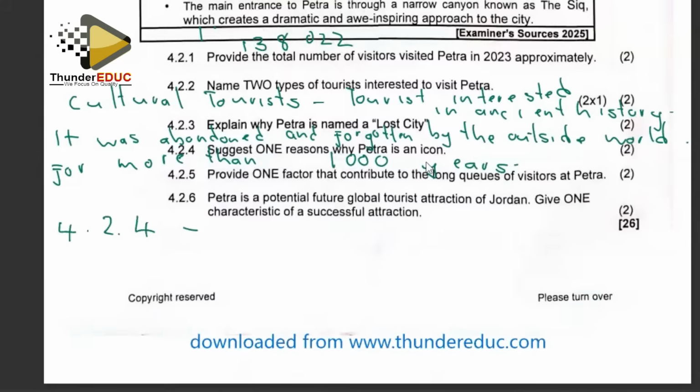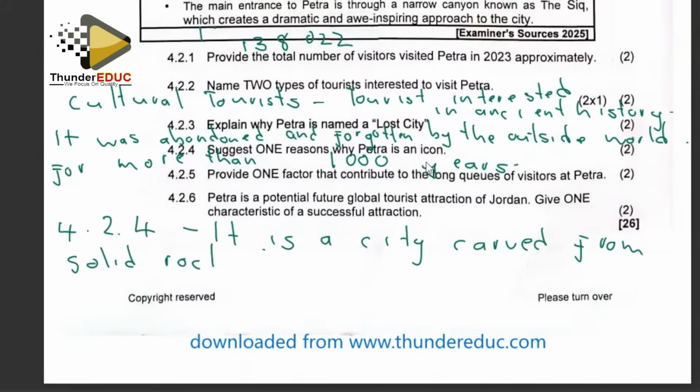It's actually an icon simply because it is a city carved from solid rock, a city which was sculptured from solid rock. That makes it very, very special and exceptional. That is the first thing.